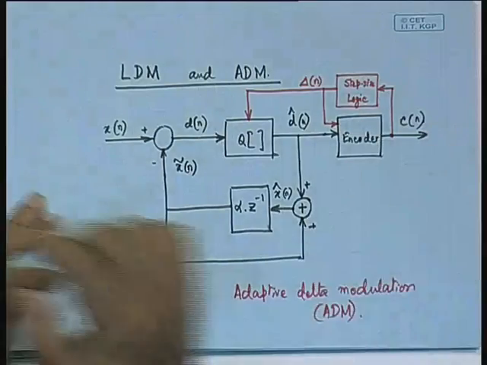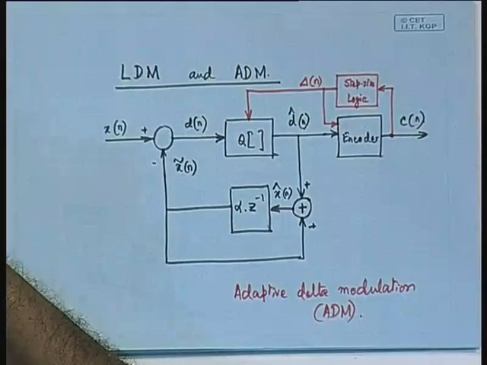Now, since we are monitoring C of n, if we find that the past C of n and the present C of n have the same value, say the past C of n is 1 and the present C of n is also 1, what decision should we take about delta? Should we increase or decrease?